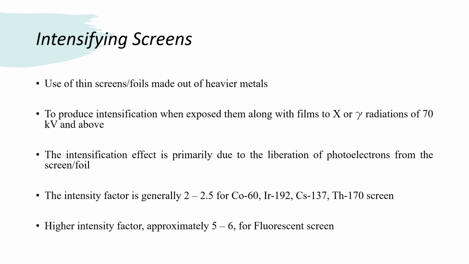Next is the intensifying screen. Use of thin screens or foils made out of heavier metal have been found to produce intensification when exposed along with the film to X or gamma radiation of 70 kilovolt and above.